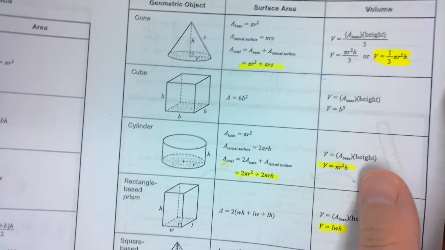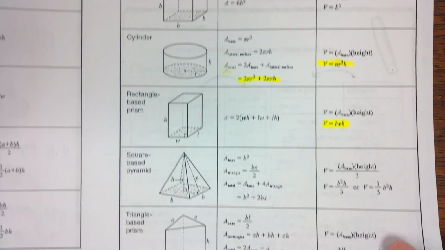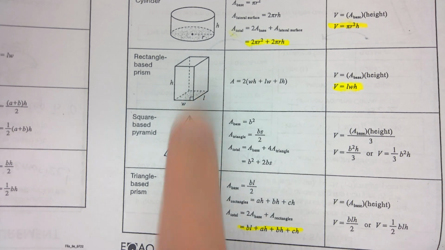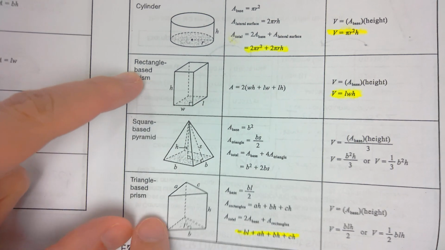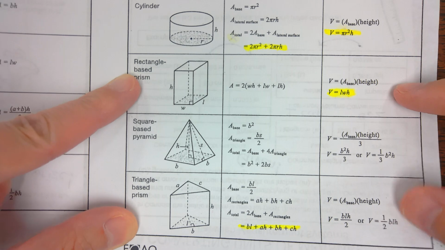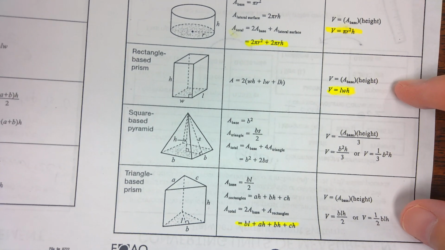So looking at the formula sheet, what's the connection between a rectangular prism and a triangular prism for volume? It's half, right? That's right.